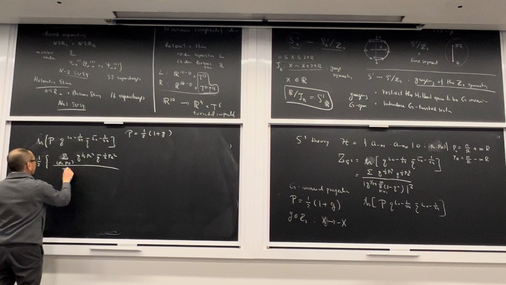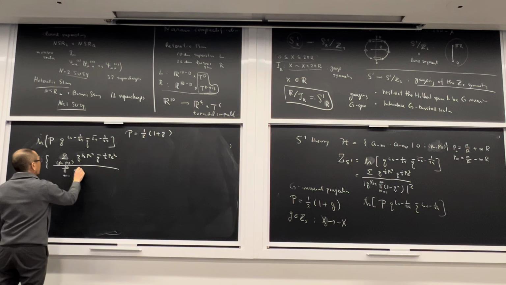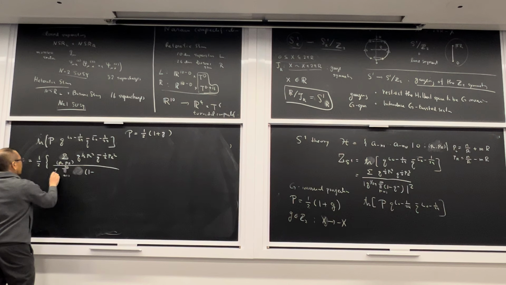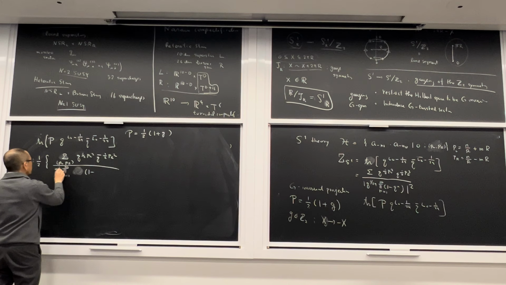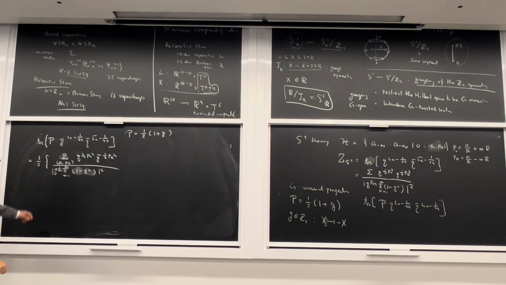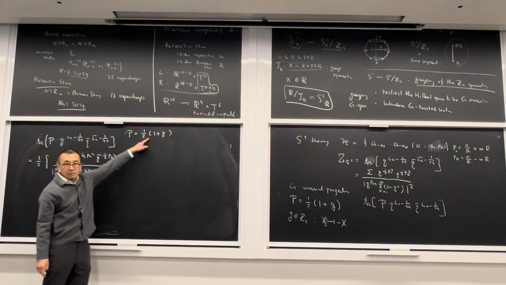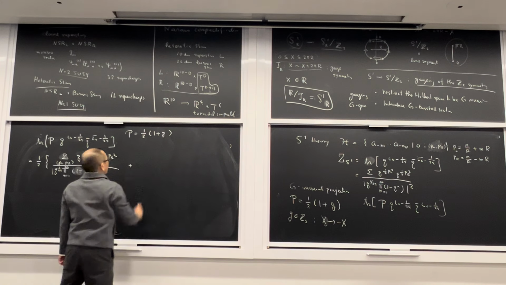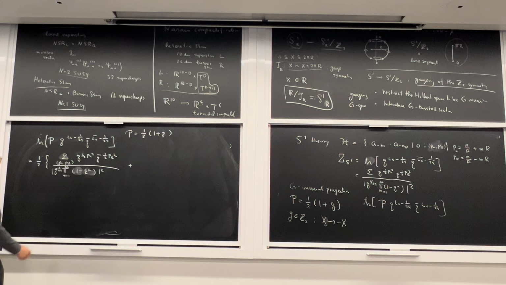the product over n equal 1 to infinity of 1 minus Q to the n, absolute value squared, to the 24th power. So this is the contribution from this 1/2. Now, what about the contribution of G, where G flips X to minus X?